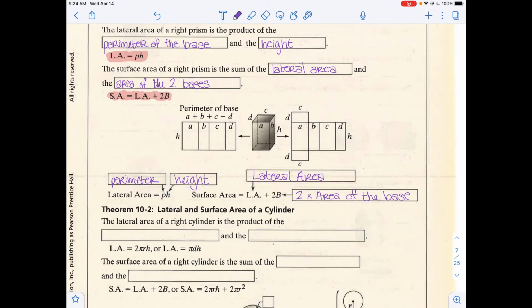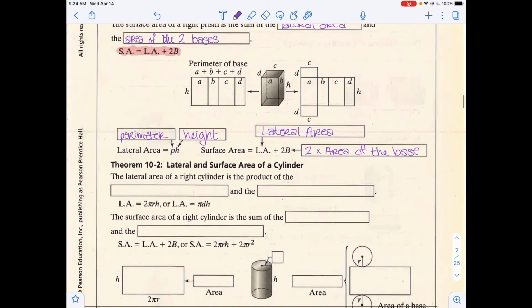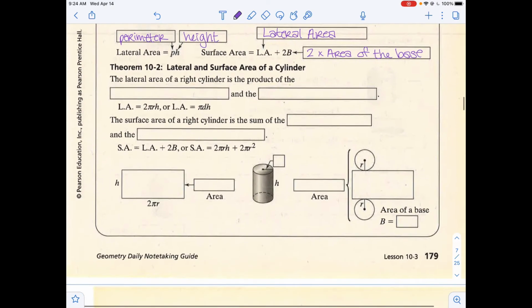Okay. Theorem 10.2, lateral surface area of a cylinder. The lateral area of a right cylinder is the product of the circumference of the base and the height of the cylinder.